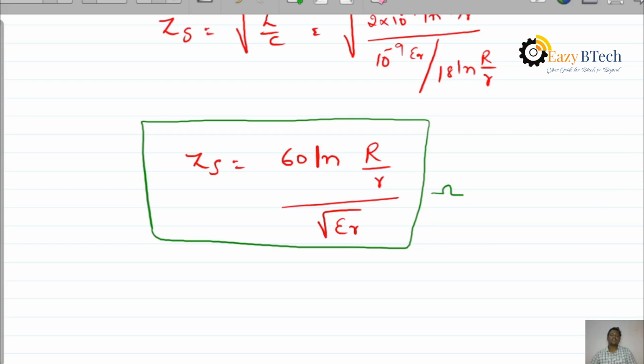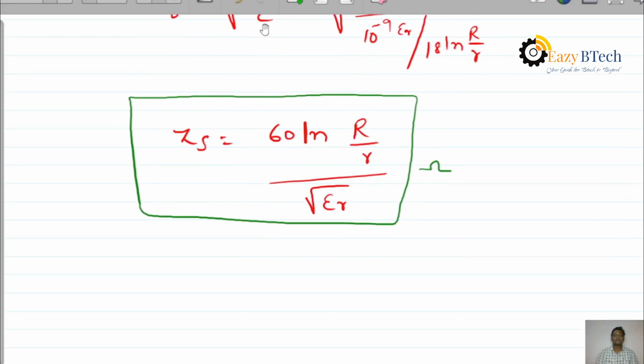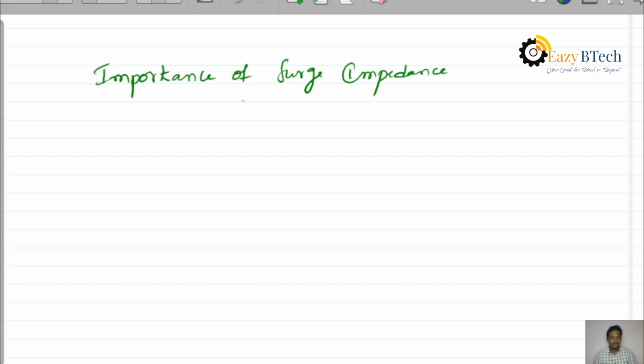Now we will see the importance of this surge impedance, why we need to calculate it. What is the drop?